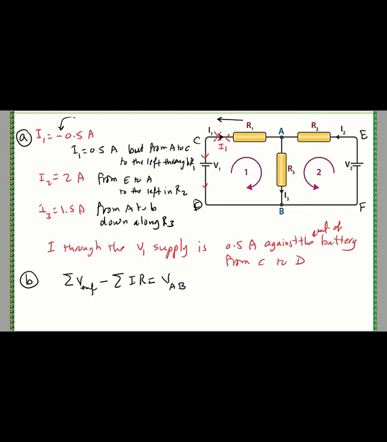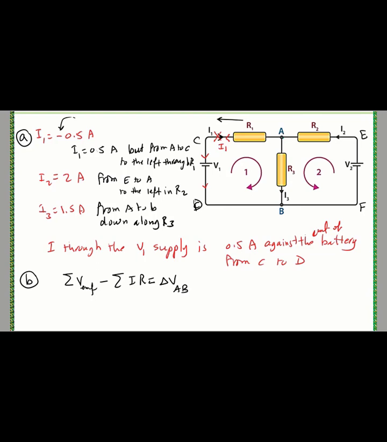Now, from A to B, by Kirchhoff, we used to put here 0, if you go for a closed loop. But when I am going from A to B, it is not a closed loop, so I will put delta V AB, it's not 0.